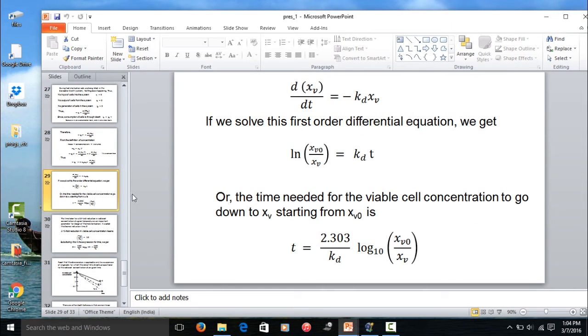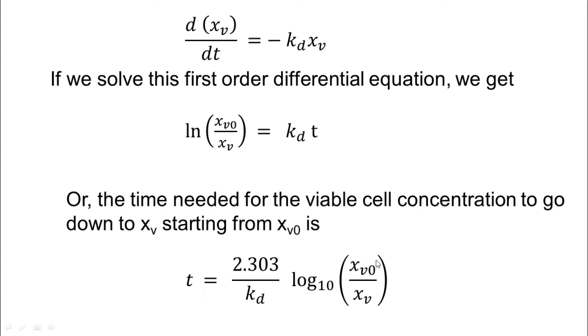This was the time that it takes, the time taken for the cell concentration to go from an initial viable cell concentration xv naught to a final viable cell concentration xv: 2.303 by kd, a constant, times log to the base 10 of xv naught by xv.